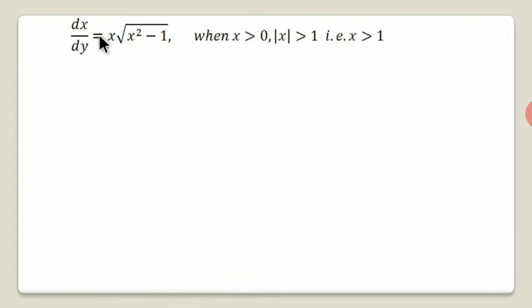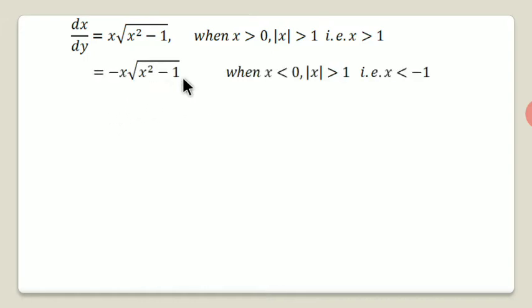Okay. And so dx upon dy is equal to x into square root x square minus 1 when x is greater than 0, mod x is greater than 1, that is x is greater than 1. And it is equal to minus x into square root x square minus 1 when x is negative, mod x is greater than 1, that is x is less than minus 1.